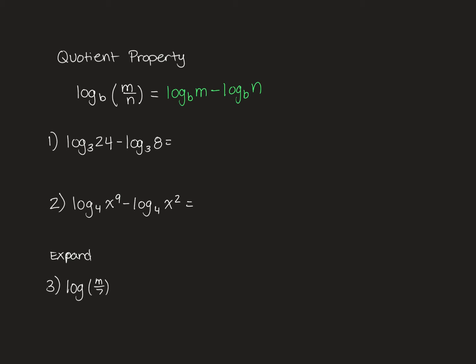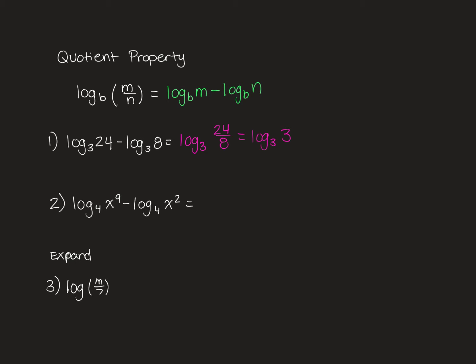So we can condense these. Number 1, we have log base 3 of 24 minus log base 3 of 8. So that can be condensed to log base 3 of 24 divided by 8. Well, you can simplify that. 24 divided by 8 is 3, so we have log base 3 of 3.